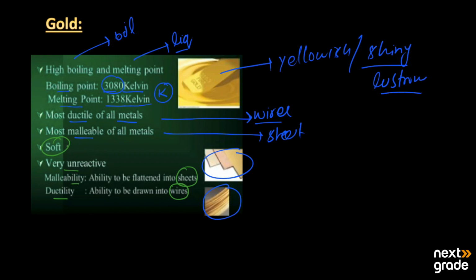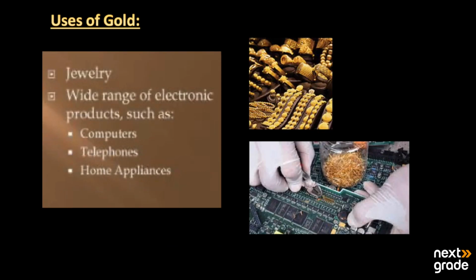Now, as it is very soft, we have a lot of uses of gold around us, for different purposes. So let's discuss these uses. The first use is in making jewelry and different types of ornaments. In jewelry we can make bangles, necklaces, bracelets, as well as rings.